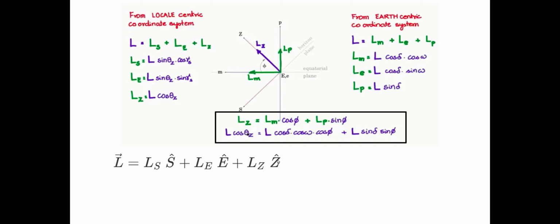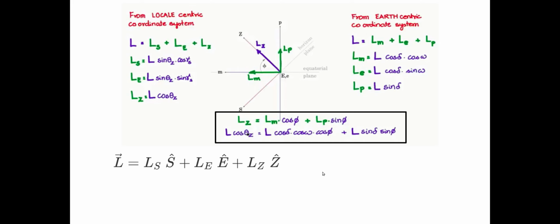S hat is the unit vector that points along the south axis direction, E hat points along the east axis direction, and Z hat points along the zenith axis direction. Here, L sub S, L sub E, and L sub Z are scalars defined in the same way as above.